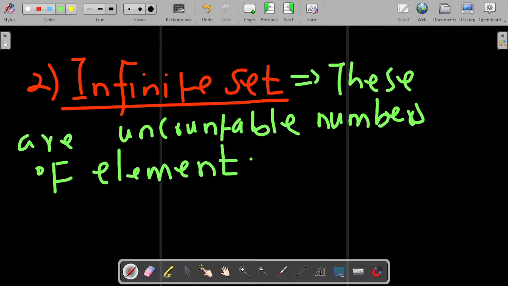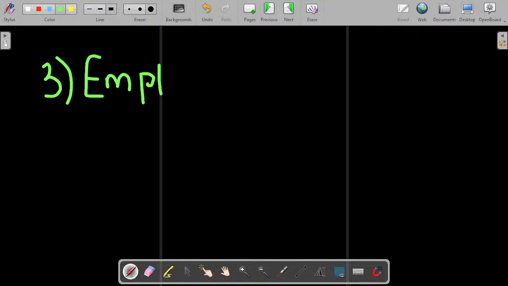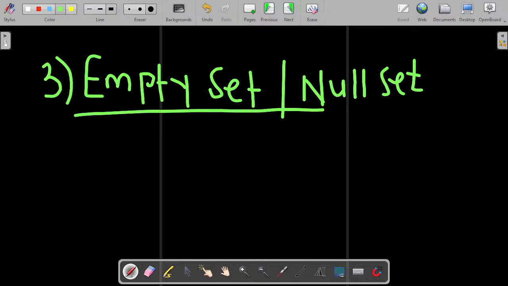Then number 3, we have what we call empty sets. This empty set has another name. They call it a null set. It's not there, it's empty.